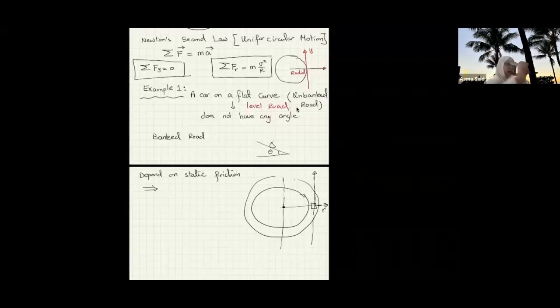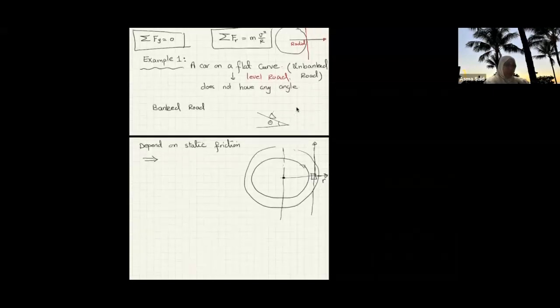Okay. Now I said, always I need to draw a free body diagram. Then I need to draw a free body diagram here for this car. This is the center of the car. This is my y, and this is my radial direction. Then I have the acceleration. This is the direction of the acceleration.